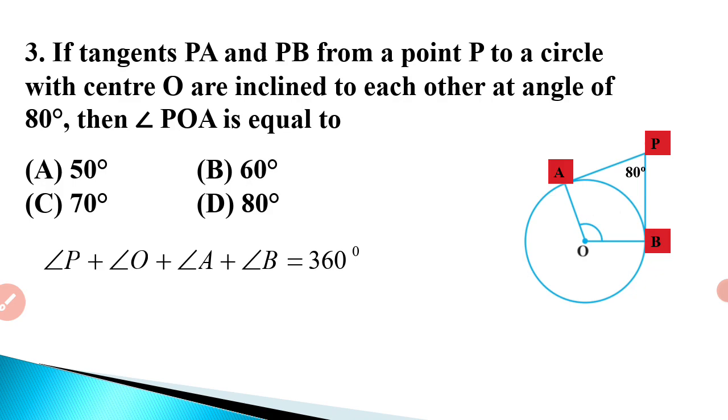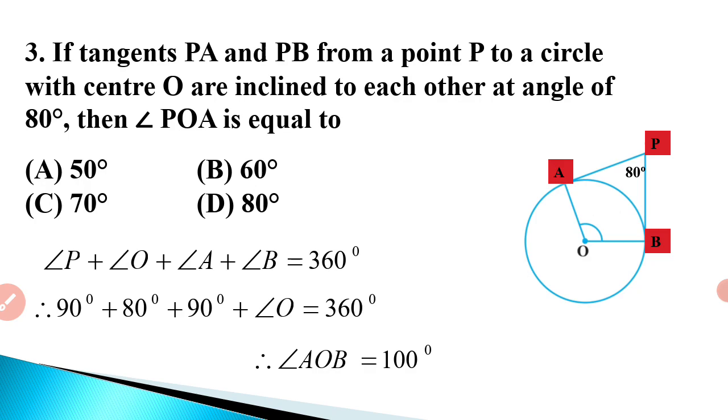Let me begin with the quadrilateral PBOA. I am again going to use the angle sum property of a quadrilateral, and this is how I get the measure of angle AOB to be equal to 100 degrees. Now I have to find angle POA.